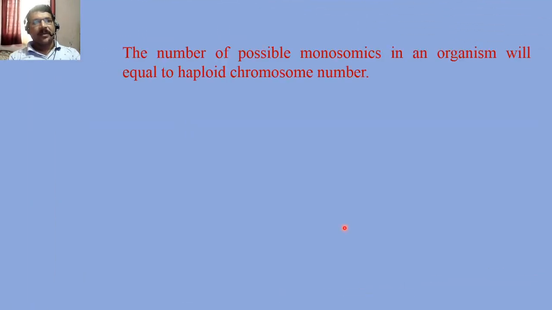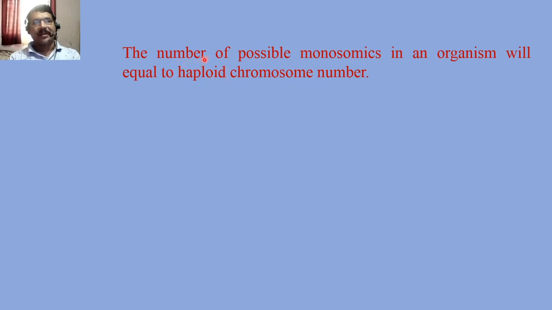Now the number of possible monosomics in an organism will be equal to the haploid chromosome number. The number of possible monosomics depends upon the haploid chromosome number, because these monosomics result from each and every haploid chromosome.